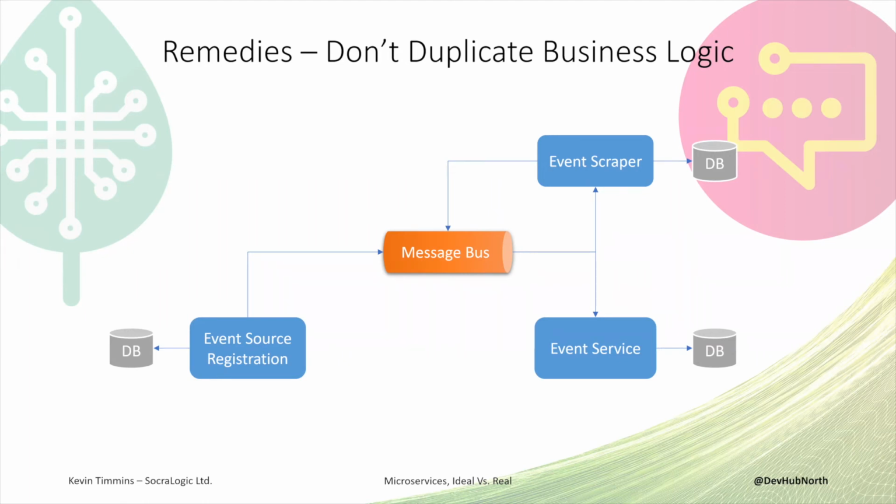By not sharing the databases, we remove that hard dependency, and by not repeating our business logic and firmly defining our vertical slices, we start to solve a lot of the big problems that hit us in the realities situation.